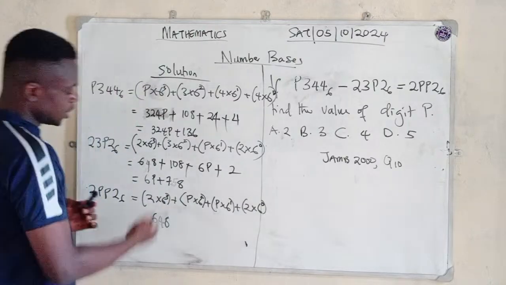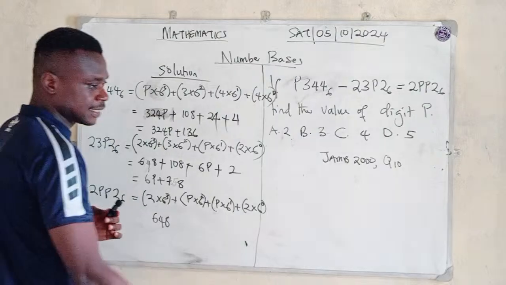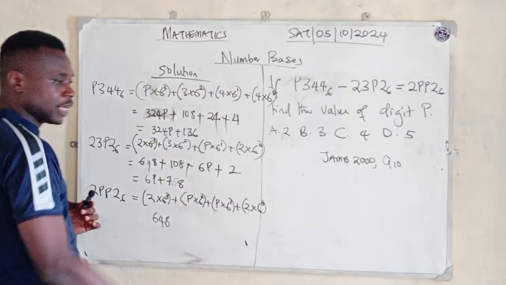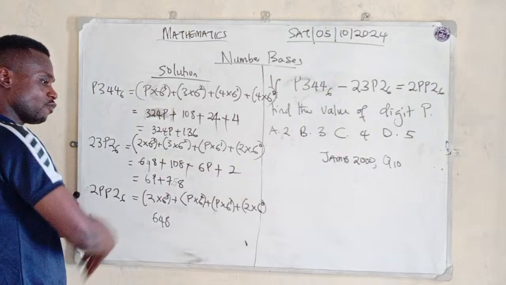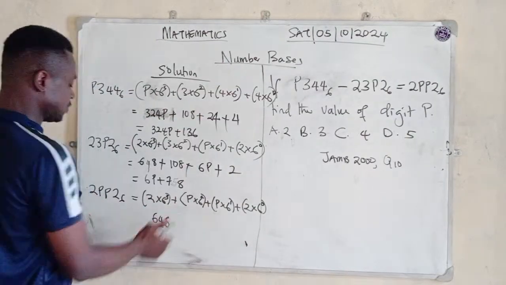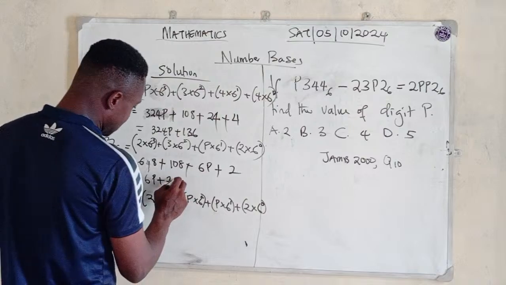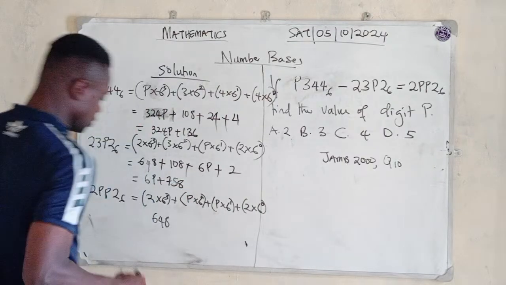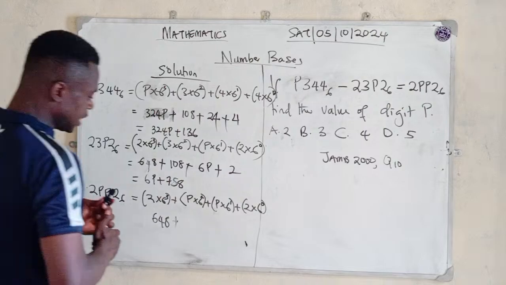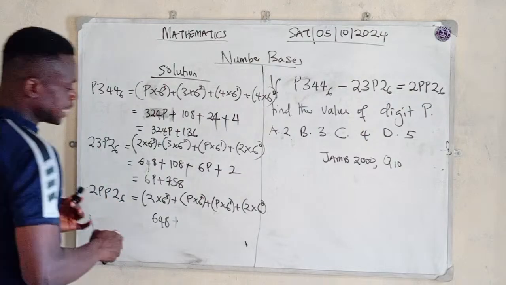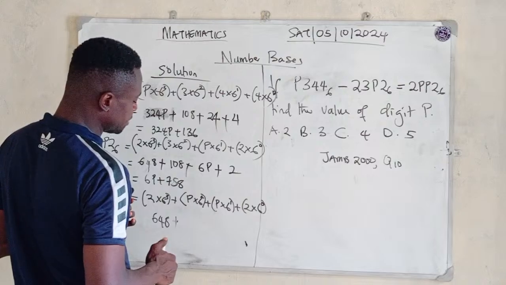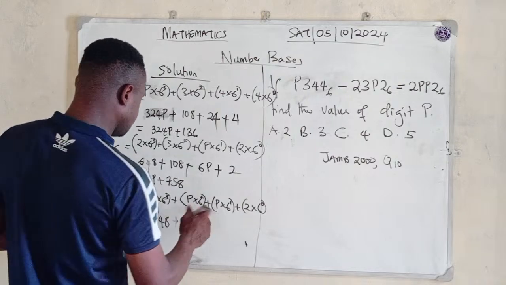648. 6 times 6 is 36. 36 times 3 is 108. 108 times 3 is 324. 324 times 2 is 648. Plus 6 squared is 36. 36 times p is 36p.